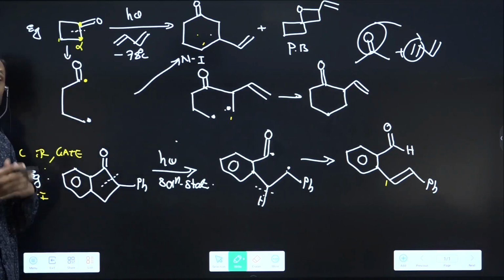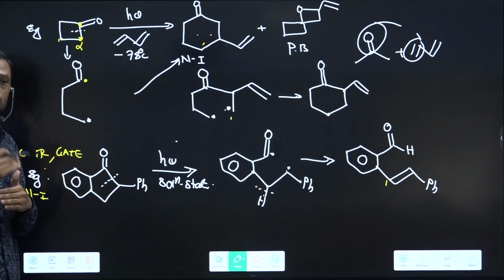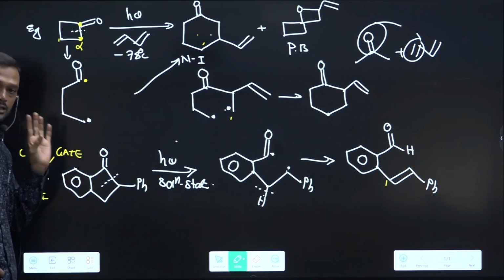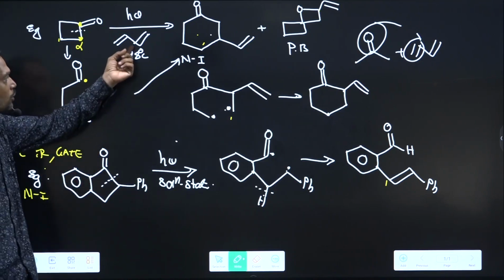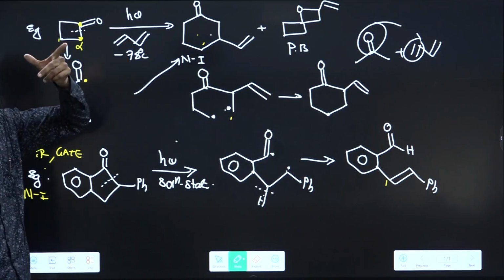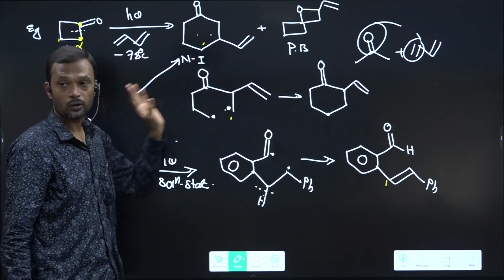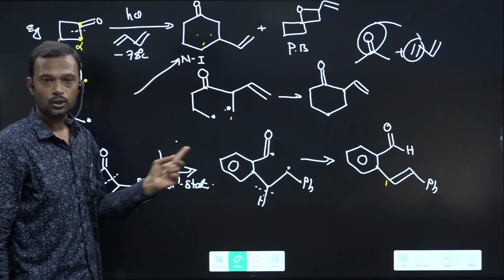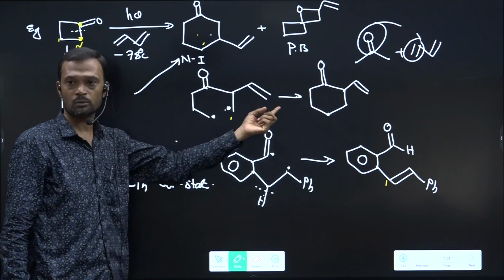Then what will be your next answer? The Norrish 1 product depends upon the corresponding stability of radicals. How are these two radicals stabilized? An adjacent molecule is given; that's why it is using this molecule. Now it can react in two ways. You may get this product, you may get this product. Why are you getting this one? You will proceed with the stable radical. You are proceeding with an unstable one, this is minor, so I am not writing this one.